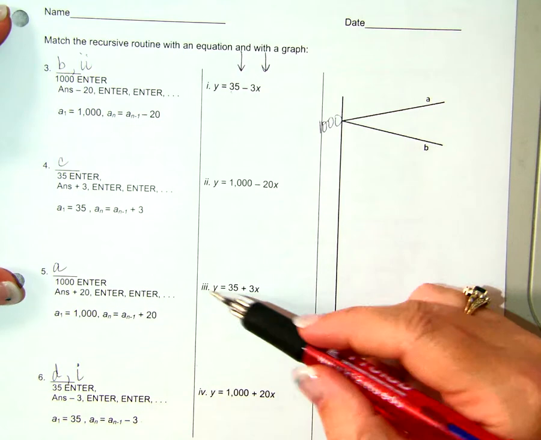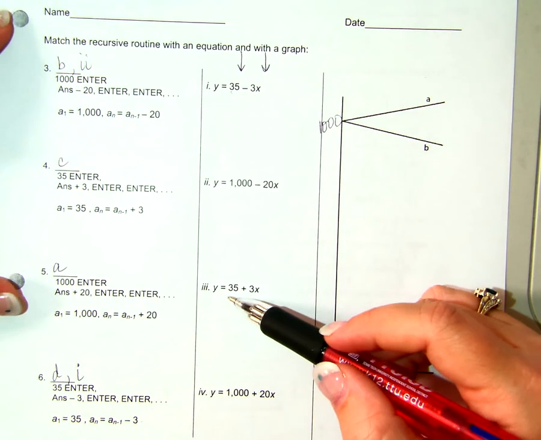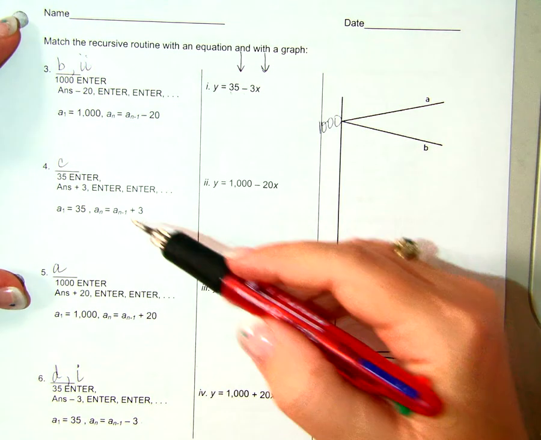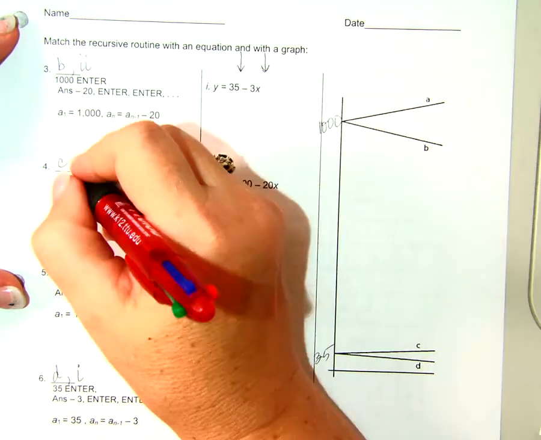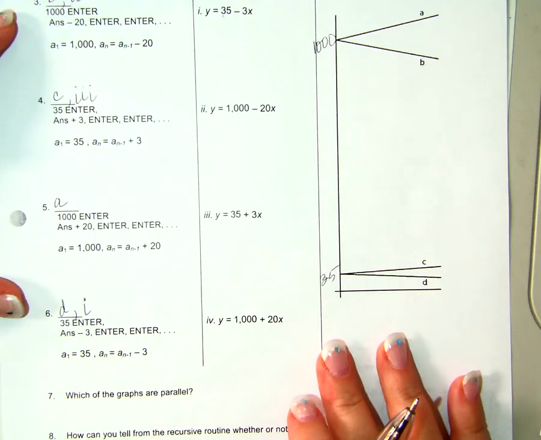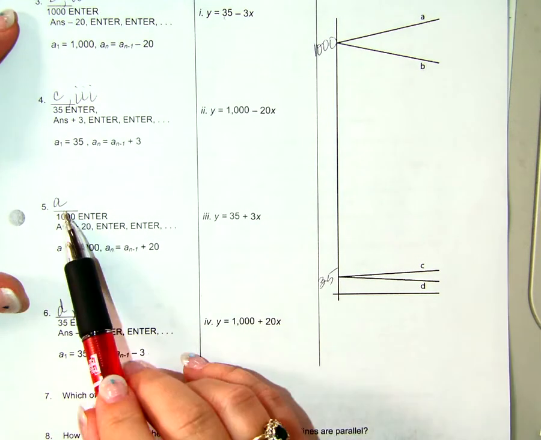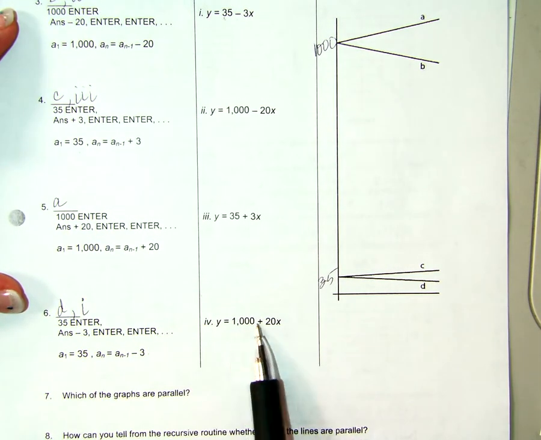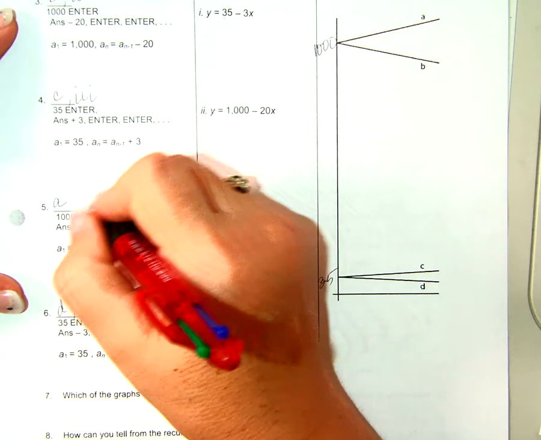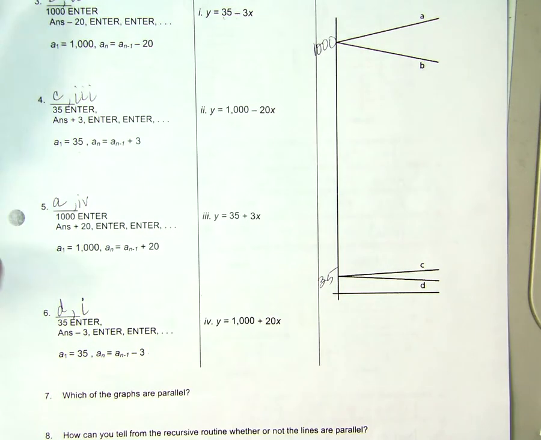The third one says starting at 35 and increasing by 3 every time. So this would be III. And then, hopefully, we only have one left, but we need to make sure that that's right. We start with 1,000 and increase by 20 every time, and that is correct. So that is IV.